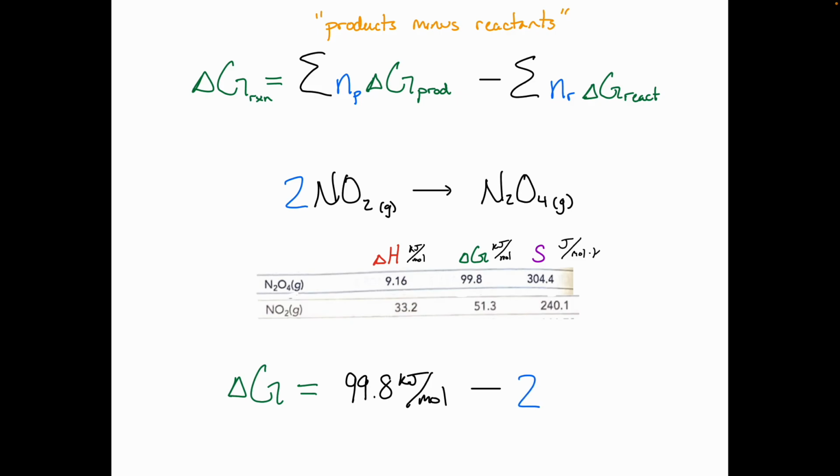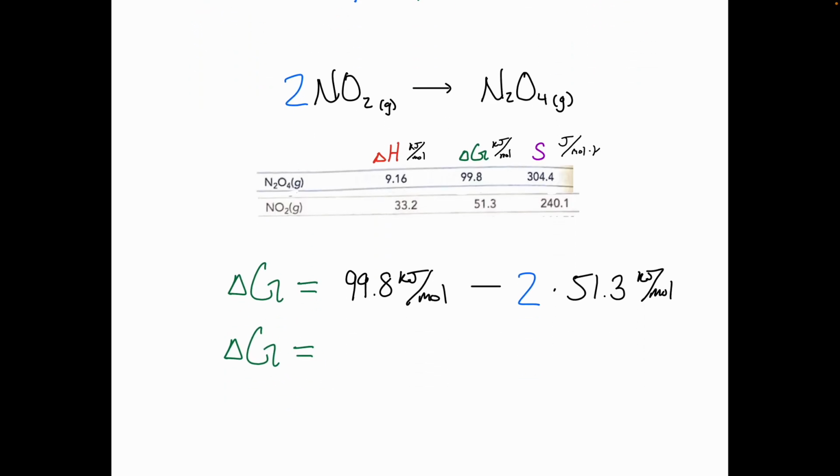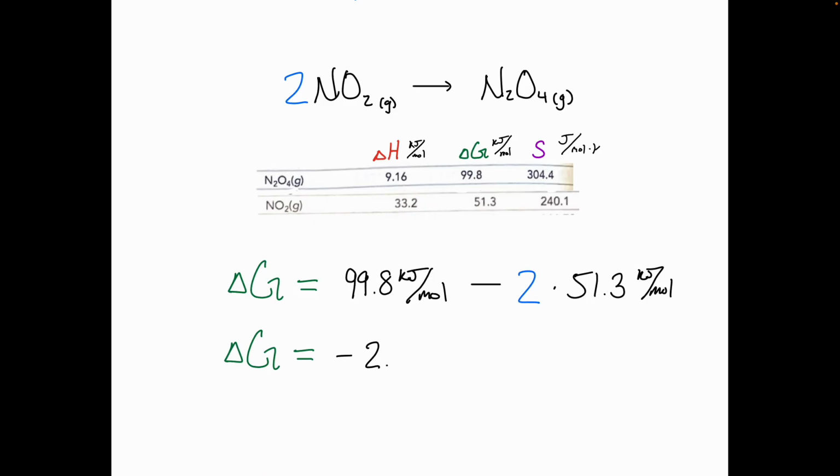So it's going to be minus 2 times 51.3 kilojoules per mole. All right, and if we punch that into our calculator, we get that same negative 2.8 kilojoules per mole value, letting us know that this reaction was spontaneous.